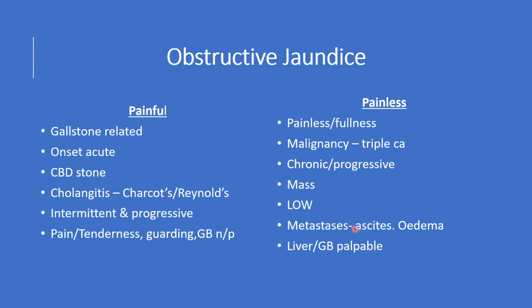Also, look for metastasis, ascites, edema, which I mentioned, and look for an enlarged liver or gallbladder. Enlarged gallbladder is an indirect indicator that the cause may be malignancy. That is in keeping with Courvoisier's law.